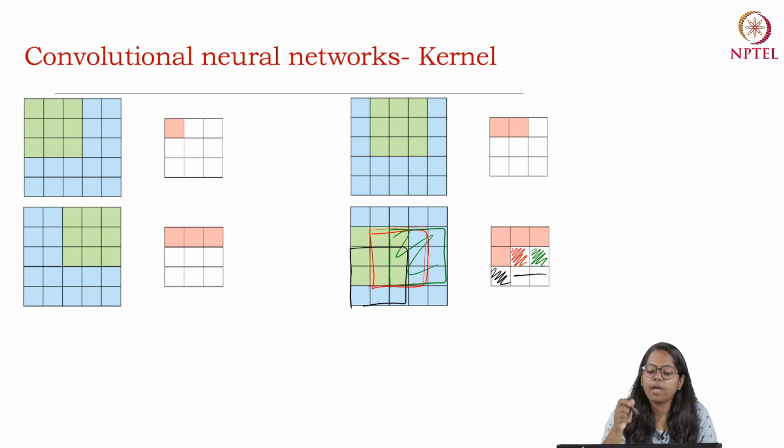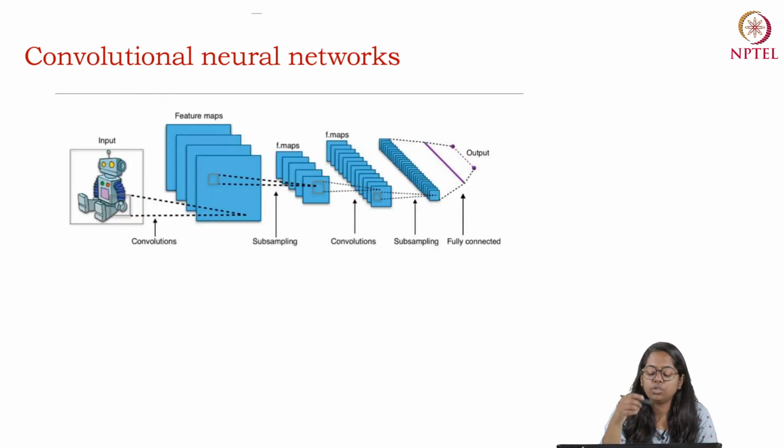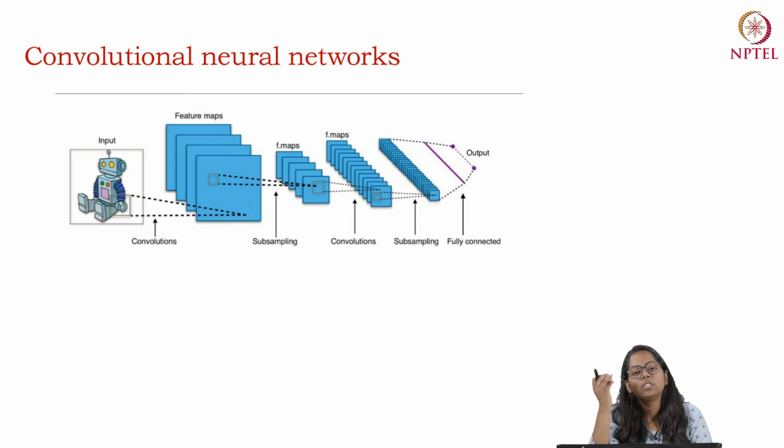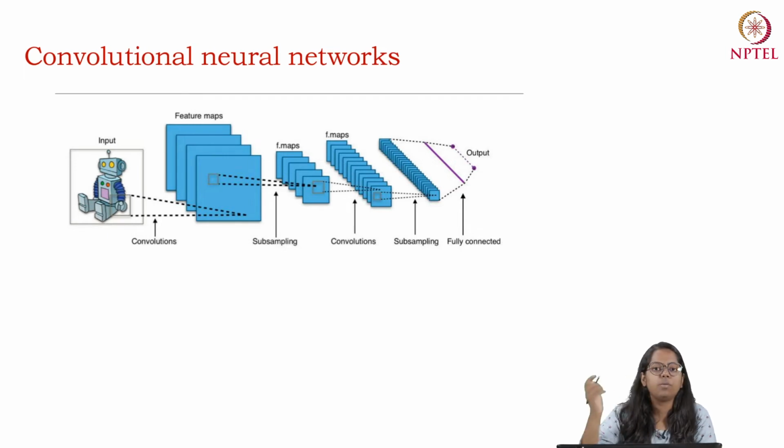This feature map can then be used further: we can apply different kernels or filters over these feature maps, or we can pass the feature map to a feed forward layer to perform our downstream tasks, say object classification.